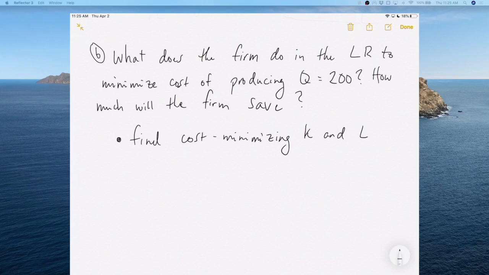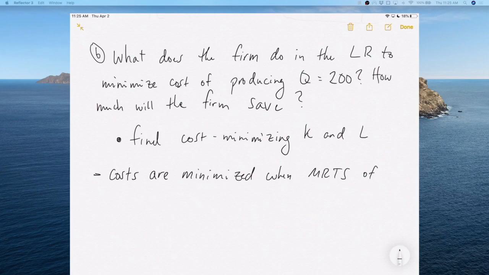Capital is no longer fixed. We have to solve for it. If you remember back to chapter 6, costs are minimized when the marginal rate of technical substitution of L for K is equal to the ratio of costs for L and K. I know that's kind of a mouthful.